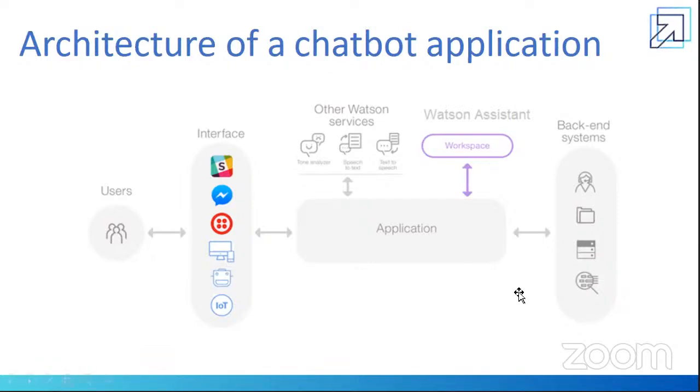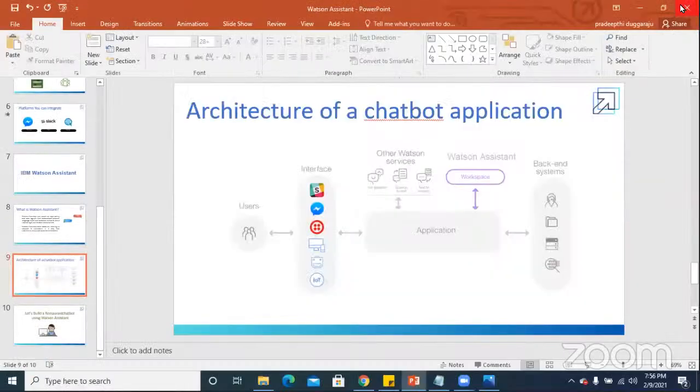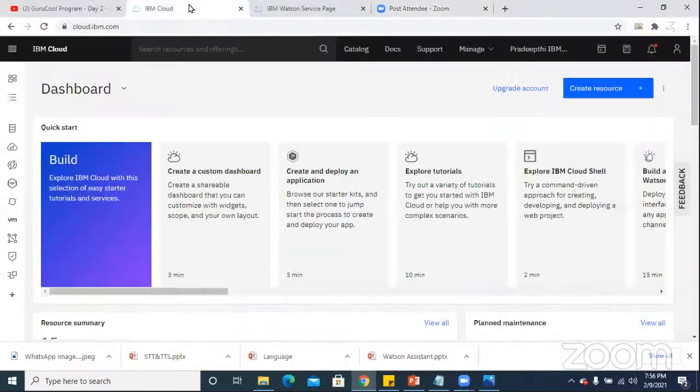Yes. Now, please log into your IBM accounts. Hope you have already created a Watson Assistant service yesterday. Yes? Am I correct? All right. Only a few of you have done the creation.